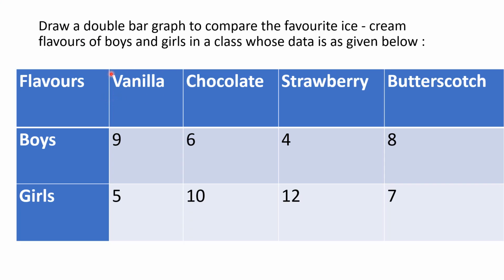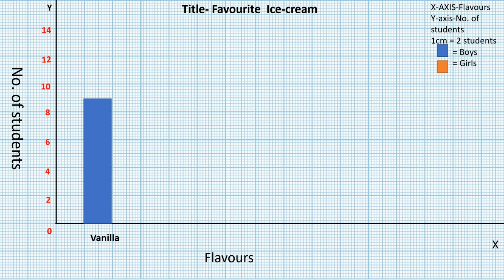Let us observe the first category, that vanilla ice cream is liked by 9 boys. Therefore, we will draw a rectangular bar up to 9. So 9 will be here between 8 to 10. So we will draw a rectangular bar for boys for vanilla flavor like this.